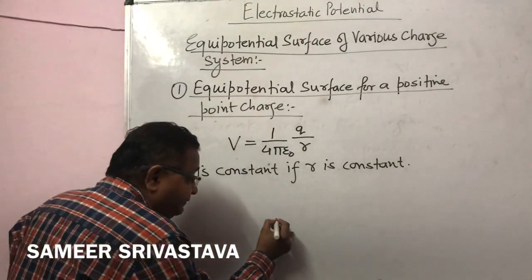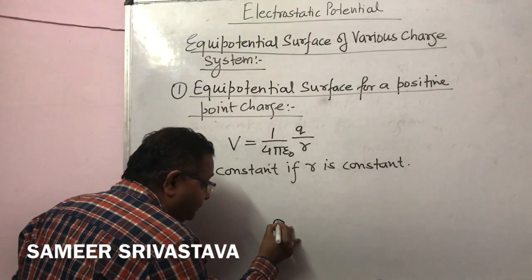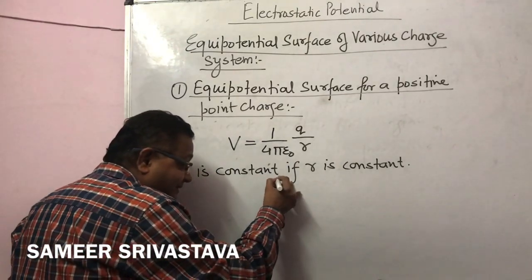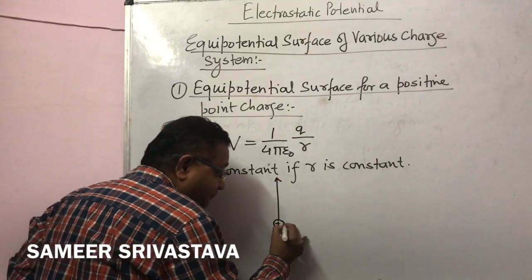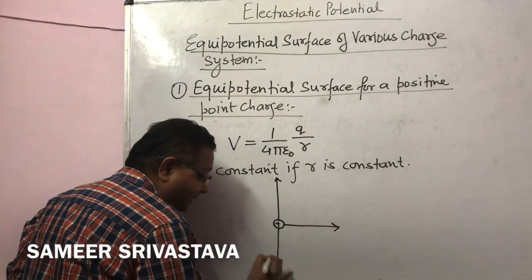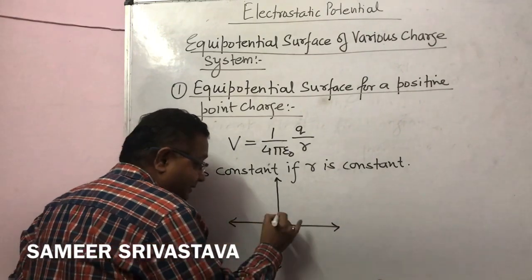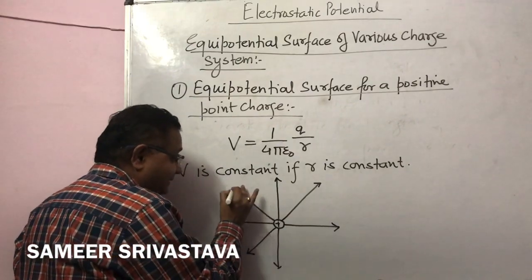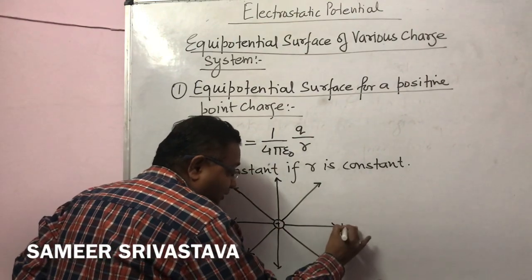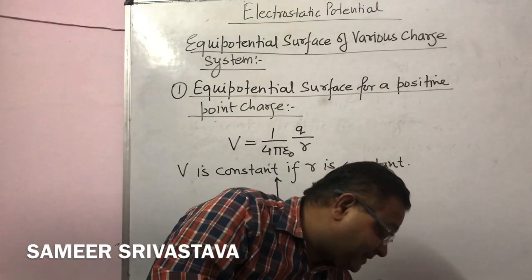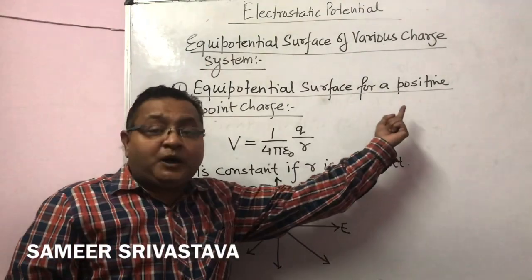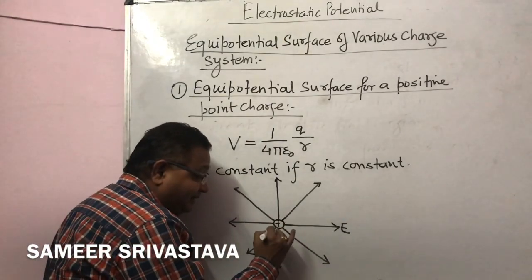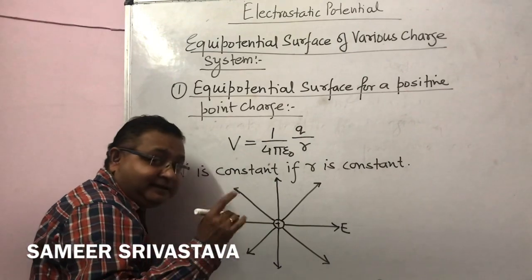If I take a positive charge plus Q, what about the electric field lines? The electric field lines are outward, like this, like this, in all directions. The concept says for a point charge, the equipotential surfaces are concentric circles with that charge at the center.